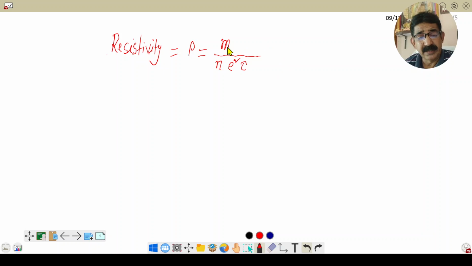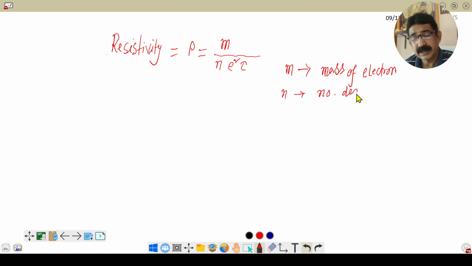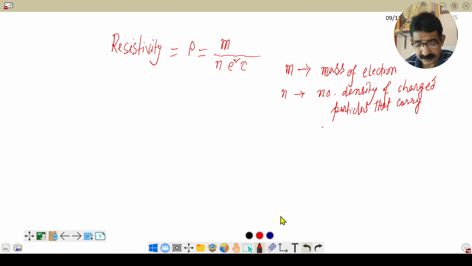So the meaning of the variables here: m is equal to the mass of the electron. n is equal to the number density of charged particles that are responsible for electric current.